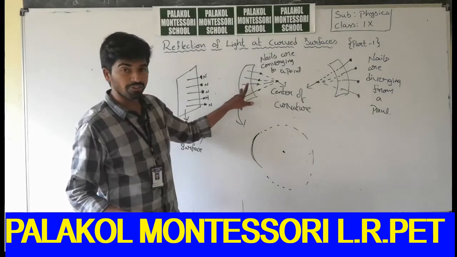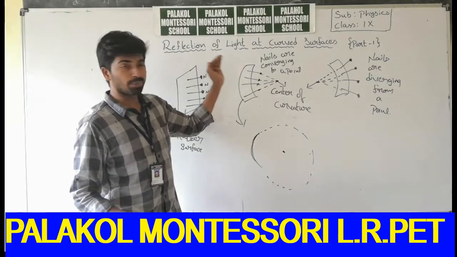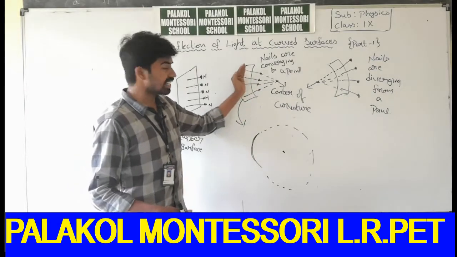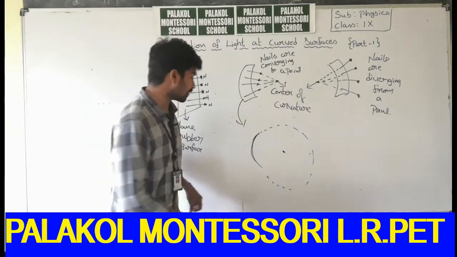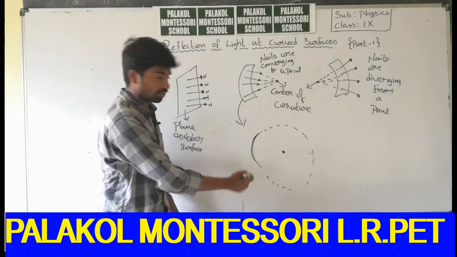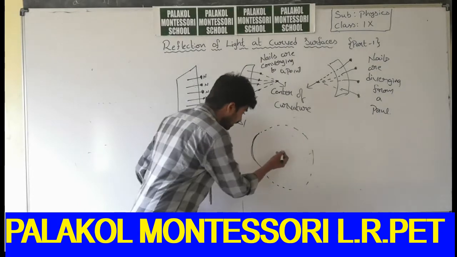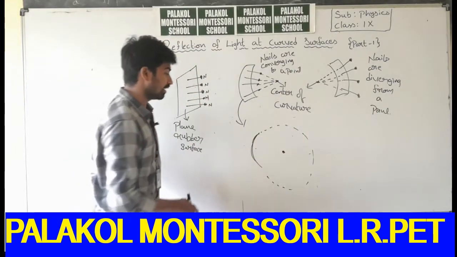This is a part of a sphere. This particular curved surface, we are learning about spherical surfaces. That spherical surface is a part of a sphere. So, since it is a part of a sphere, you will have a center for that sphere, right? And that center is called the center of curvature.